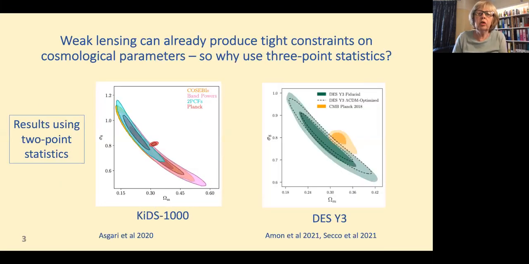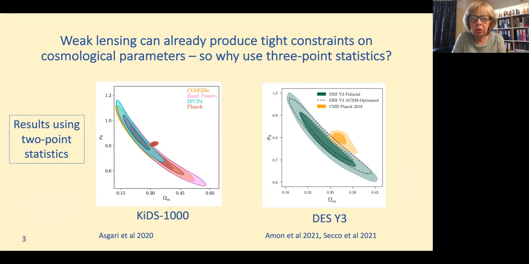So why use 3-point statistics? Most weak lensing analysis up to now has just used 2-point statistics. And here are some results from 2 recent surveys, Kids 1000, Shear 3. And they show the familiar weak lensing banana in the omega matter sigma 8 plane.